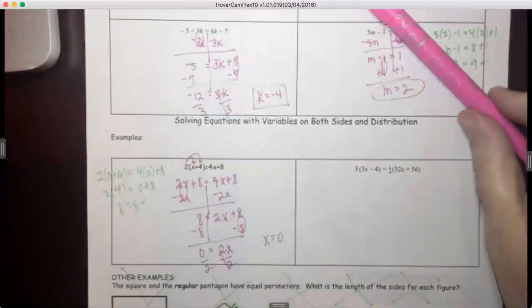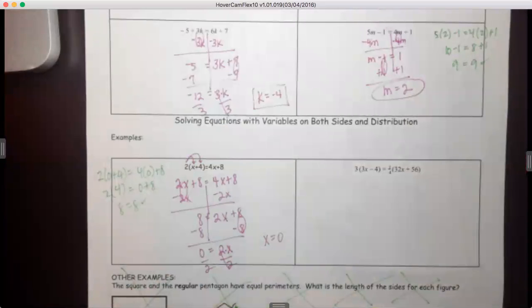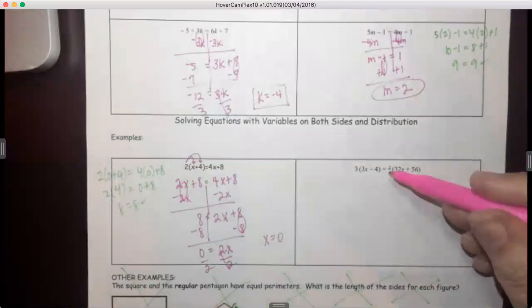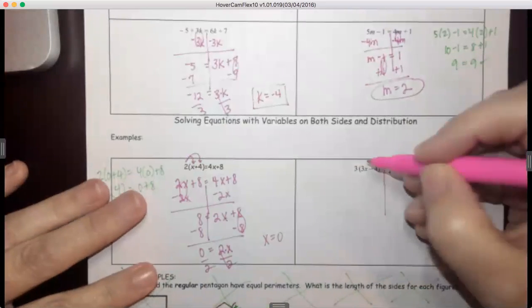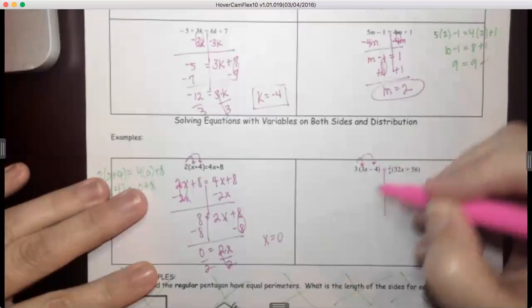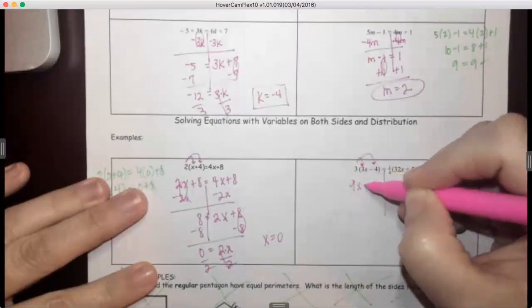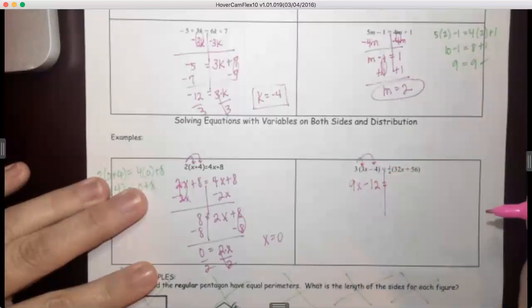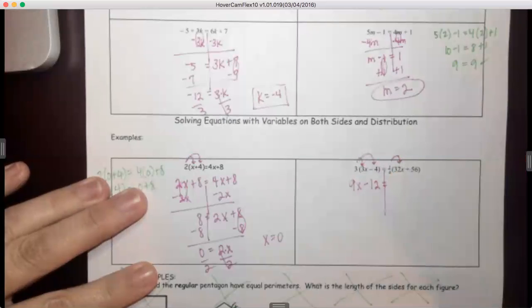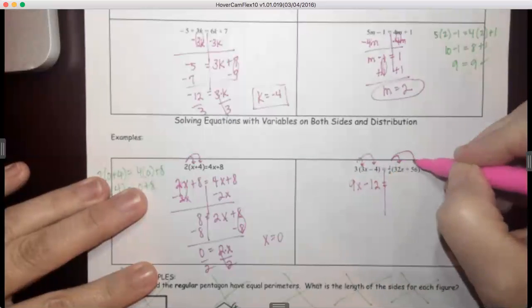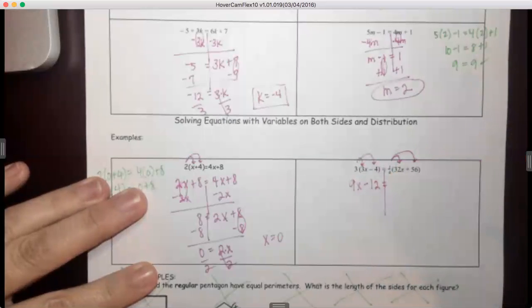Okay, last one for this set of notes. You see immediately that there is a 1/4 here. So let's just work on the left side first. I see distribution, so I need to distribute. I get 9x minus 12 equals, and now I have to do this icky thing. 1/4 times 32, 1/4 times 56.